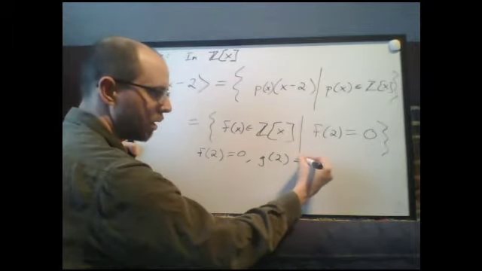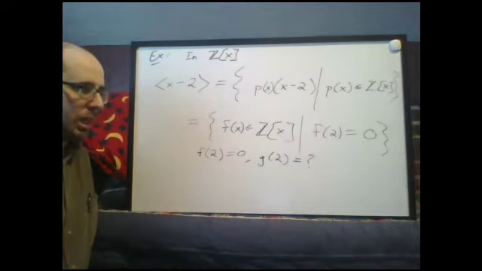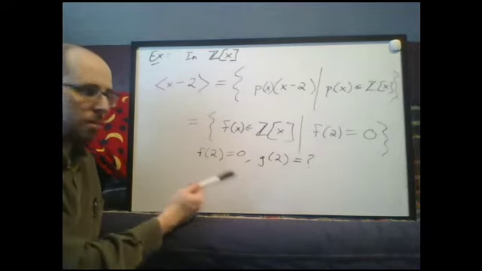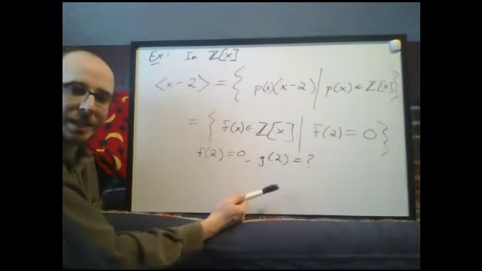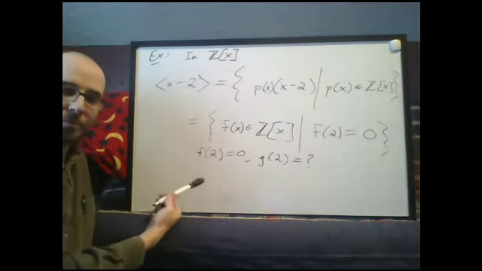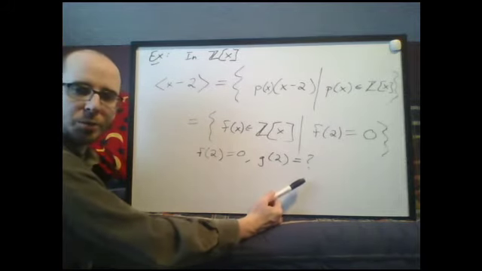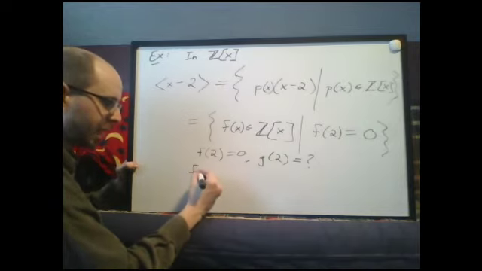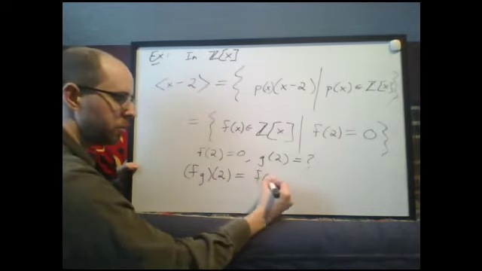Now, for the multiplication condition, my second polynomial g might not be in this set. One of my polynomials is, f of 2 is 0, but if I take a second polynomial, it has to come from the whole polynomial ring. So we don't know what g of 2 would be. But if I look at f times g of 2, that would be f of 2 times g of 2.